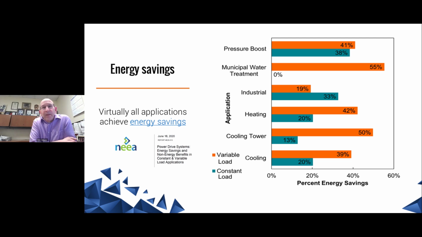So even though the load is constant, and you may even cycle on and off, having the power drive system with a VFD and motor in place allows you to run at that best efficiency point. And running at that best efficiency point is where you get these energy savings of 10, 15, and even up to 38% over just running on a sine wave.